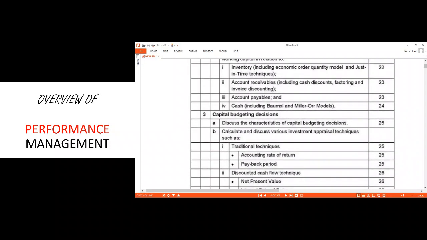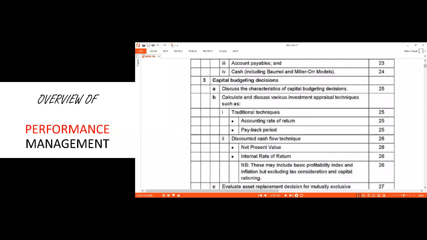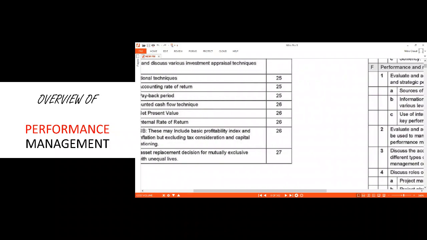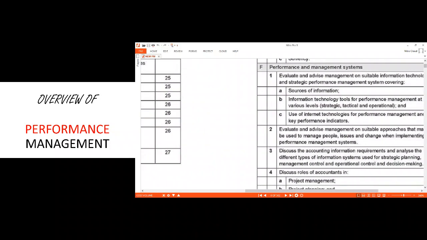Then we move on to capital budgeting decisions. Capital budgeting decisions, we'll be looking at the accounting rate of return, payback period, NPV, net present value, IRR, internal rate of return, and the like. Then we are going to evaluate asset replacement decisions. Then we'll move on to the E part.